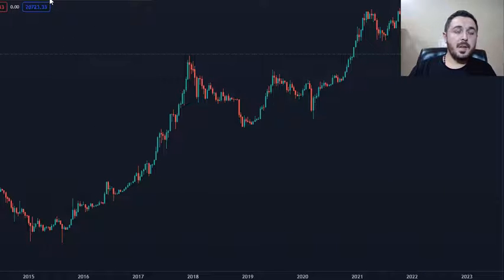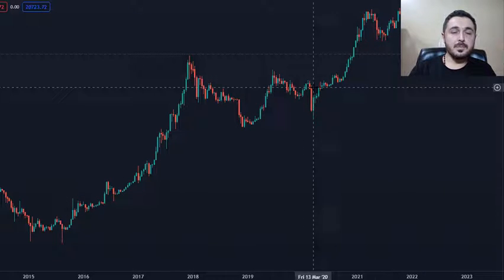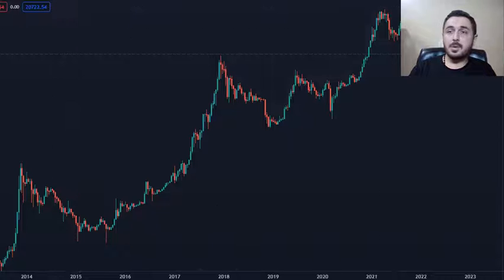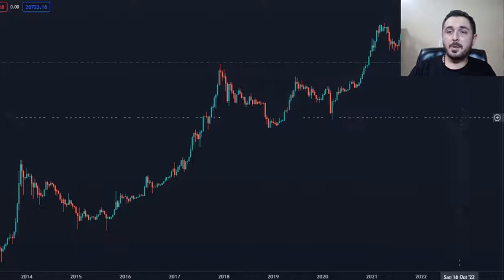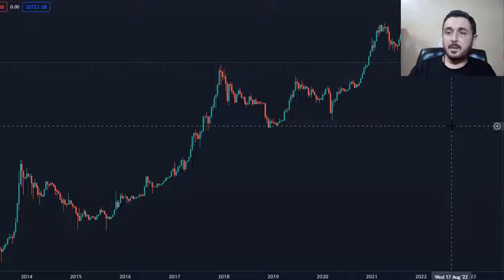Now let's jump to this chart. We are on the 12-day chart. The reason I'm using the 12-day time frame is because this time frame has never given a false signal.